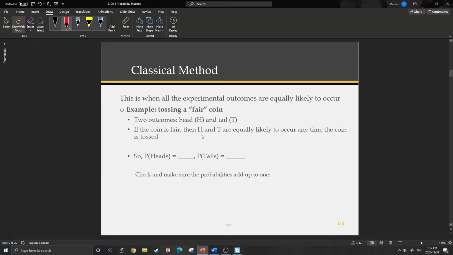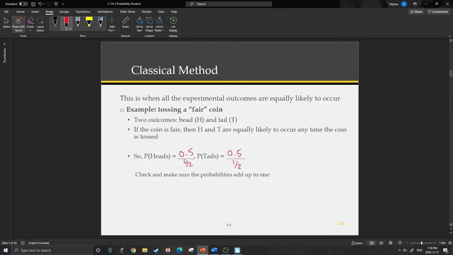If the coin is fair, then heads and tails are equally likely to occur anytime the coin is tossed. So the probability of heads, a couple ways that we can write it, we can write it as 0.5, like this. Probability of tails is also 0.5. You might also write it as a half and a half. Either one's fine.